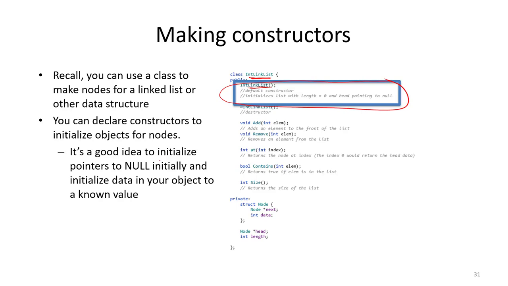So in this case, you'll notice we initialize our list to have length 0 and head pointing to null. It's a very good practice in constructors to initialize our pointers to null initially and initialize any data to a known value so that you know that your data is initially empty.